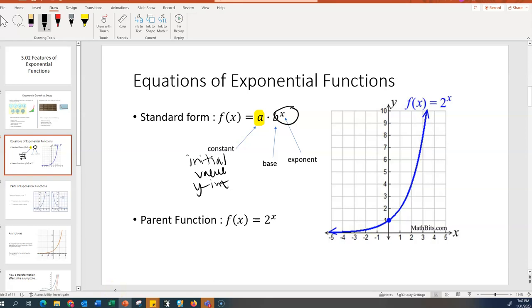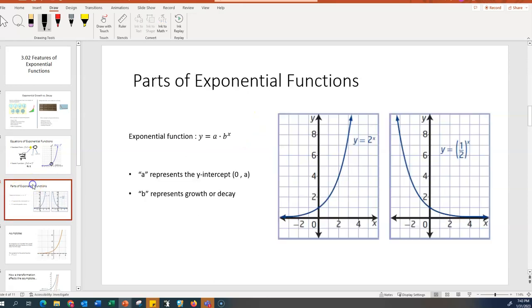The parent function of an exponential function is y, or f of x, equals 2 to the x. And in this case, a is 1. So you can see in the parent function, the y-intercept is 1. Let's go ahead and talk about parts.